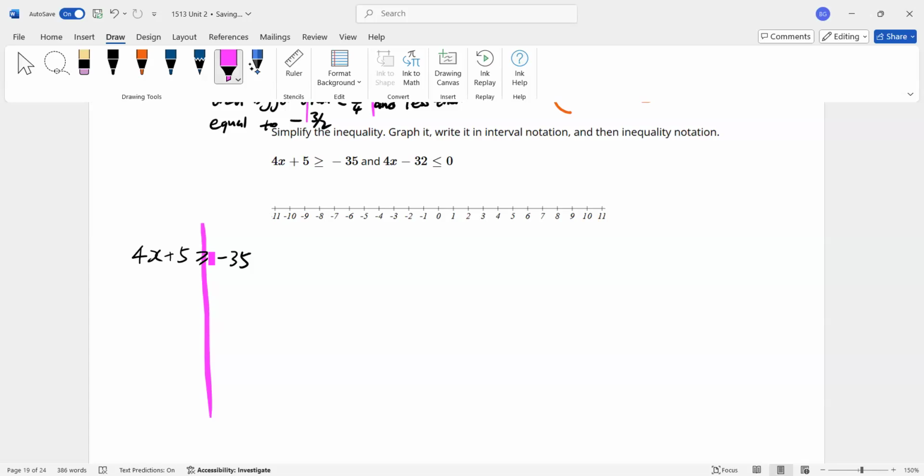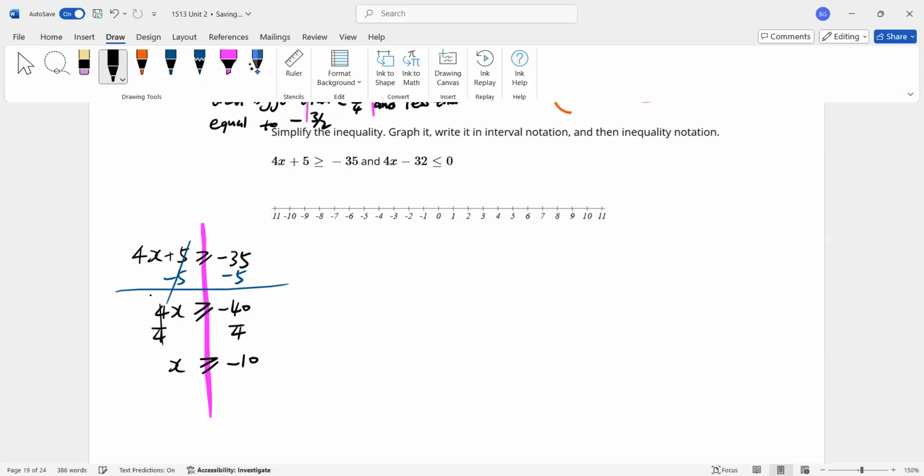We need to isolate x on the left side. To do that, subtract 5 from each side, cancel. And we have 4x is bigger than or equal to -35 minus 5, -40. And then divide by 4, cancel. We have x is bigger than or equal to -10. 40 over 4 is 10.